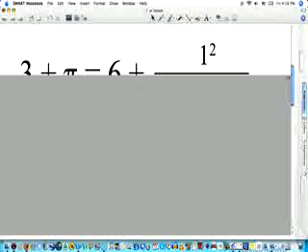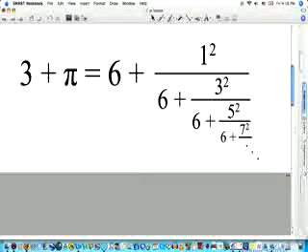Another way to calculate pi is by using this infinite sequence, where 3 plus pi is equal to 6 plus 1 squared over 6 plus 3 squared over 6 plus 5 squared over 6 plus 7 squared over, and so on.